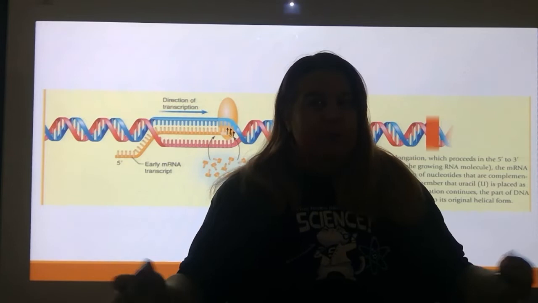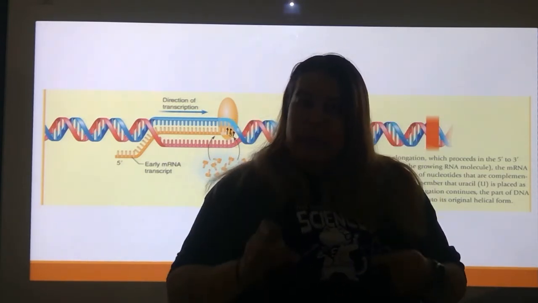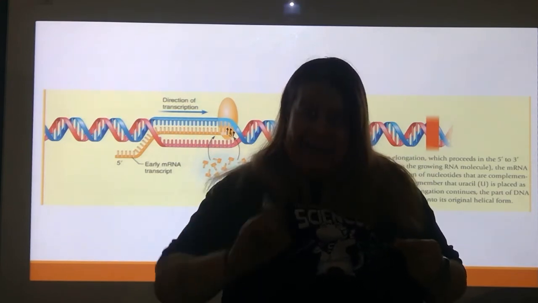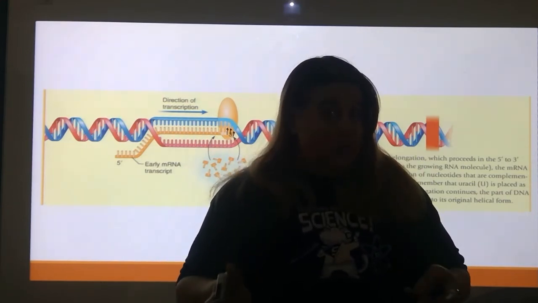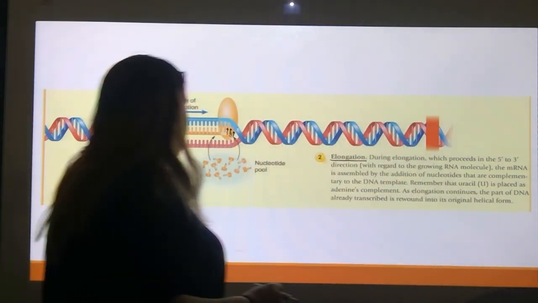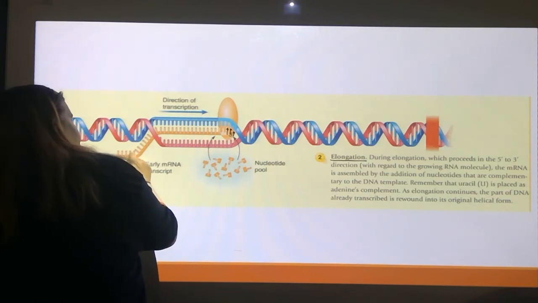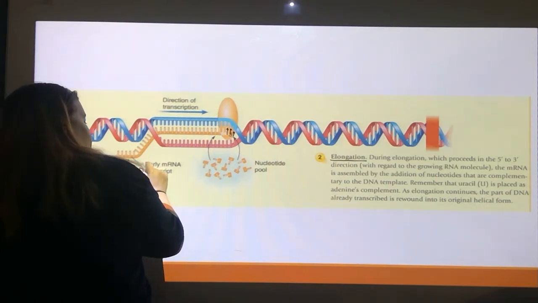If I've got a whole cookbook, I don't write down the whole cookbook for the cookie recipe. I only go to the page that I need and copy down that one page, correct? So here, we're basically doing the same thing. We're unwinding the section that we need and making our mRNA copy.